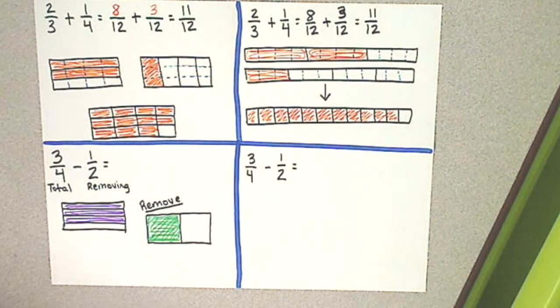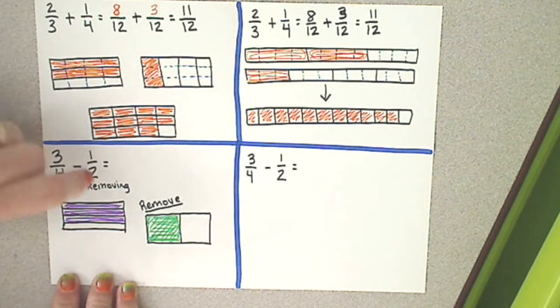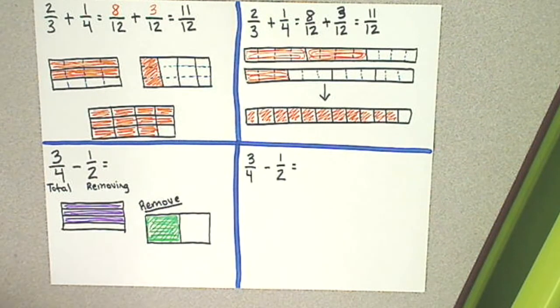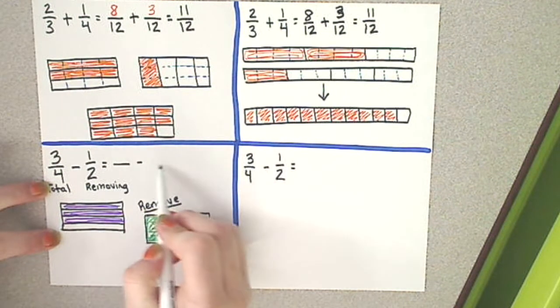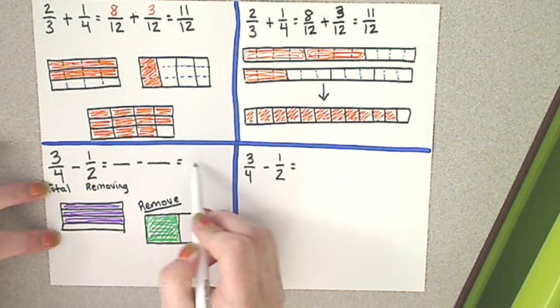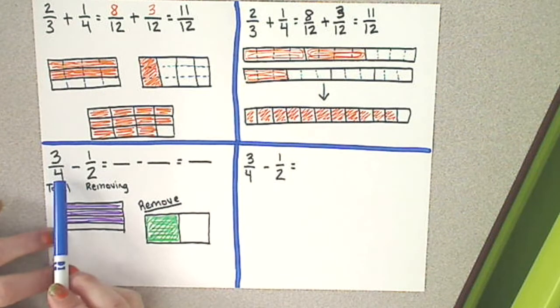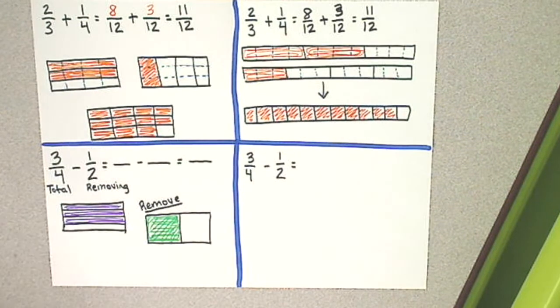add them. Well, we need to create equivalent fractions of 3/4 and of 1/2 where both of the equivalent fractions have the same denominator. So I still have to change these somehow in order to subtract them. All right, so I know that I need to multiply 4 times 2 and 2 times 4.